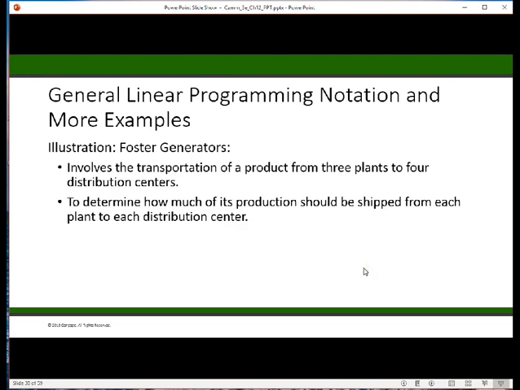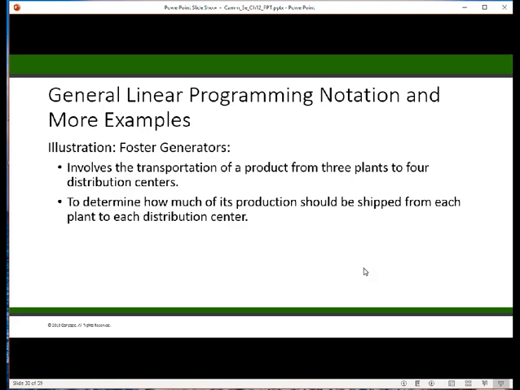Let's consider Foster Generators as our next example. This is a transportation problem, and it arises out of planning for the distribution of goods and services from several source locations to several destination locations.